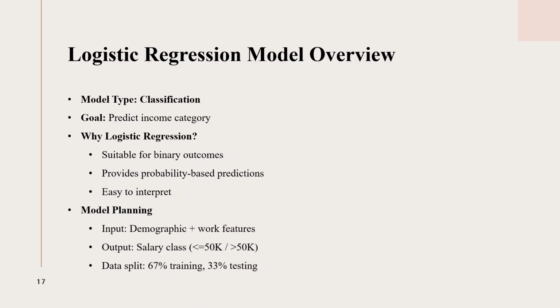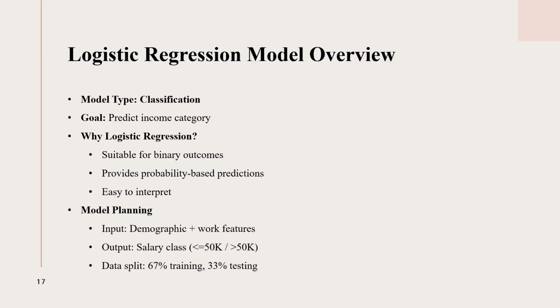This model was selected because of many reasons. First of all, the target variable is binary, so it predicts probabilities and classifies outcomes into two categories. It is also easy to interpret and provides clear results.